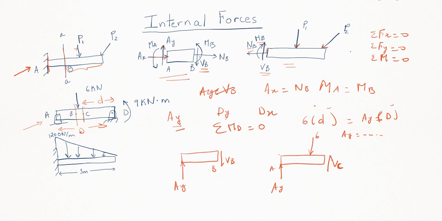Actually, ignore what I said over here. We will not be talking about this yet. This will be later. Now we will see how we can actually get the internal forces.